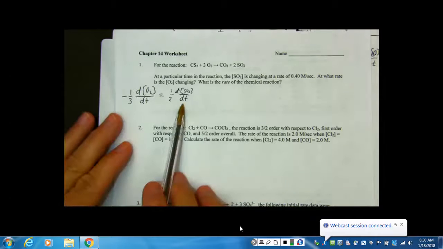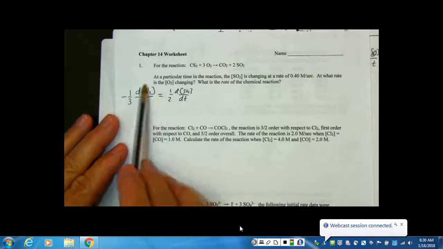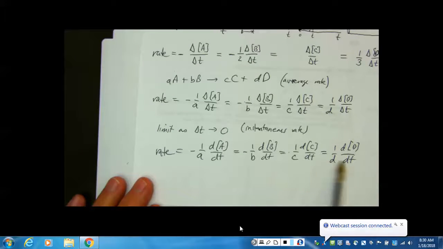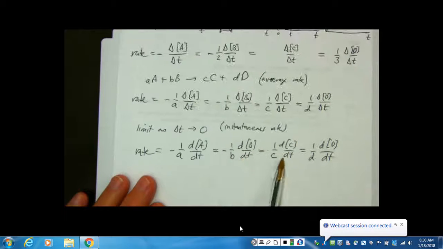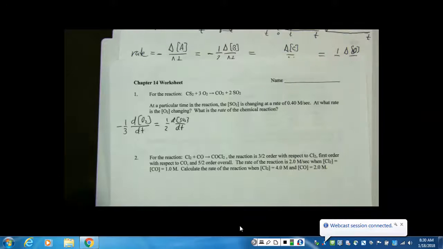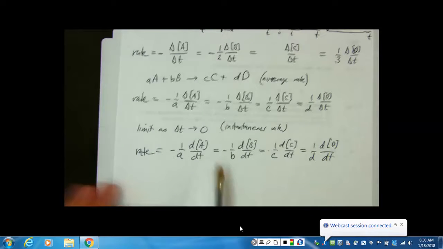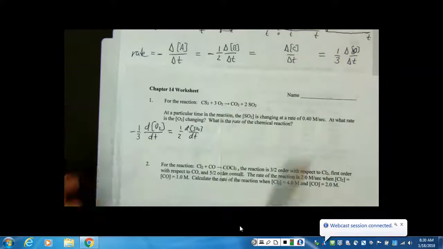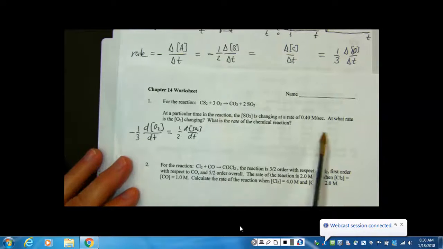So that's very good. But if you didn't quite have that kind of feel, then you would say, all right, I need to figure out what that value is based on the way we've defined the rate. So you need to apply this general form to this specific chemical reaction.